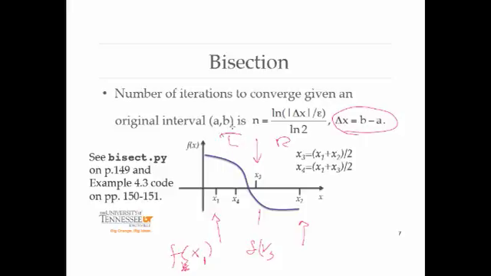And we'll just keep halving and halving until we get closer and closer to the root, which is actually there. So let's look at the bisection.py file to see how this very simple method is coded, and then illustrate its use in example 4.3, found on pages 150 and 151 in your book.